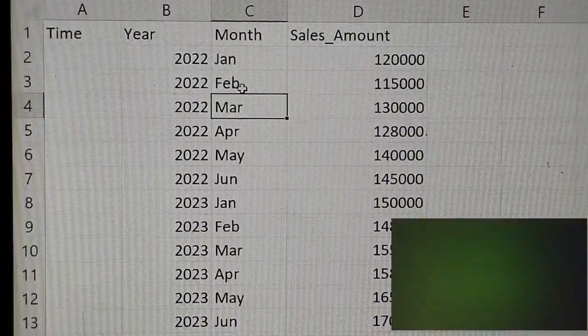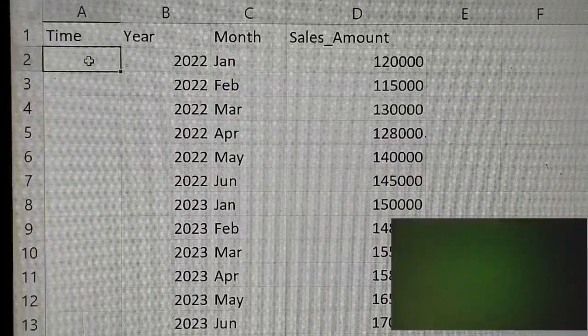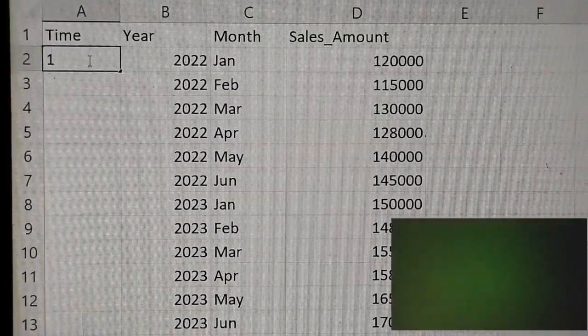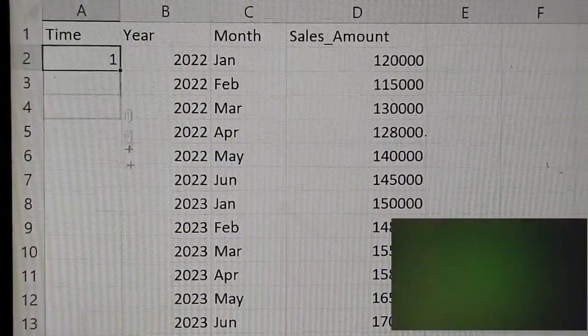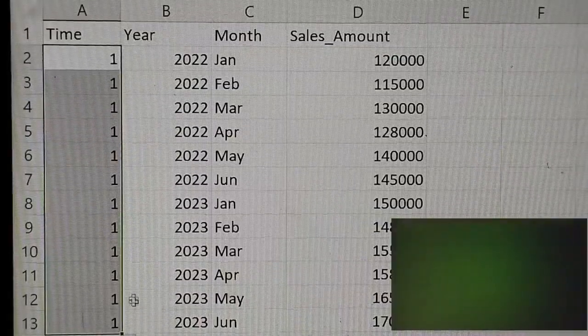These are text values, and here is the time variable, 1, 2, and so on.